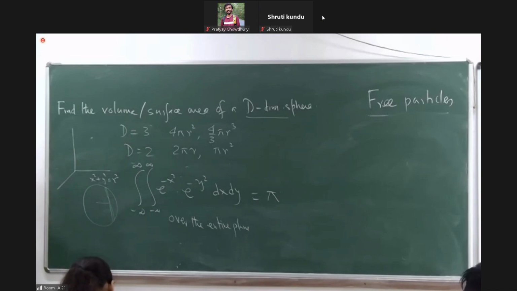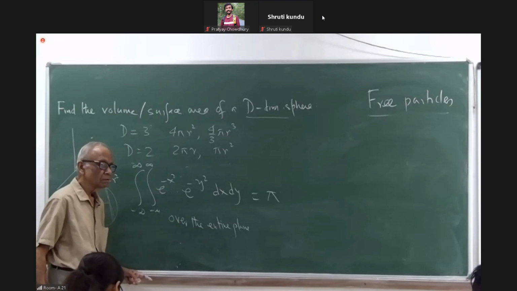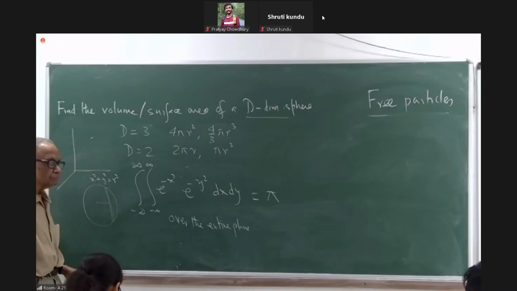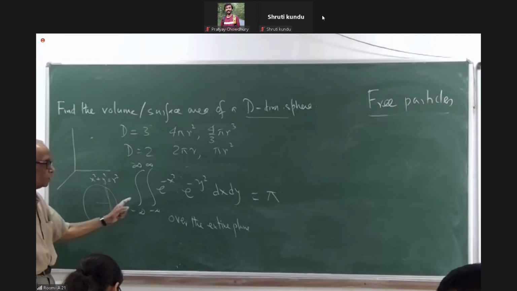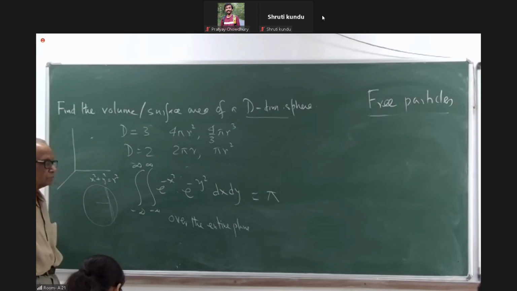And why minus infinity to infinity? I'm doing this integral over the entire plane. So root pi for each integral, so square root of pi times square root of pi.